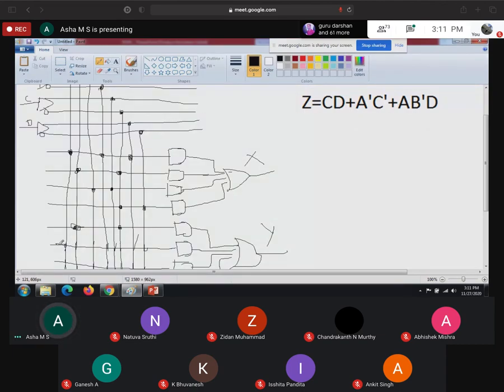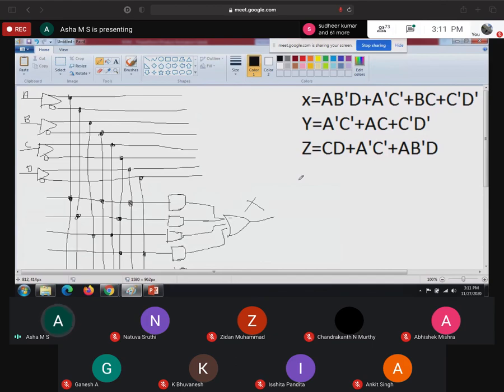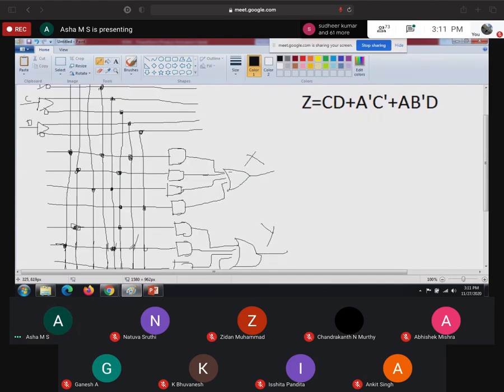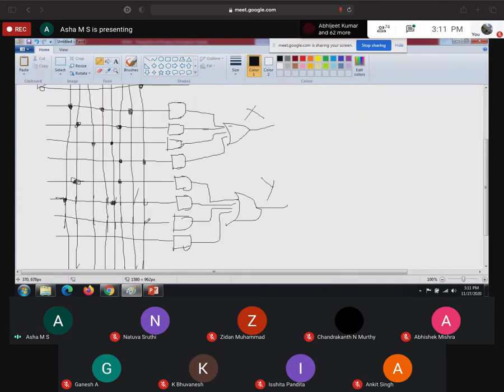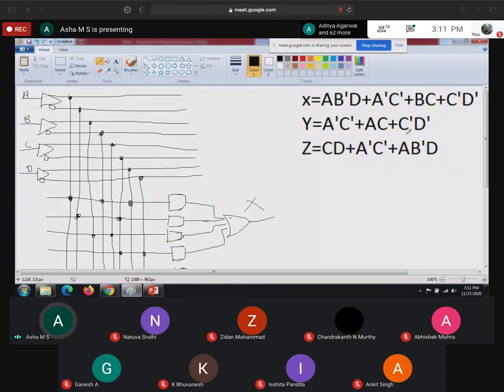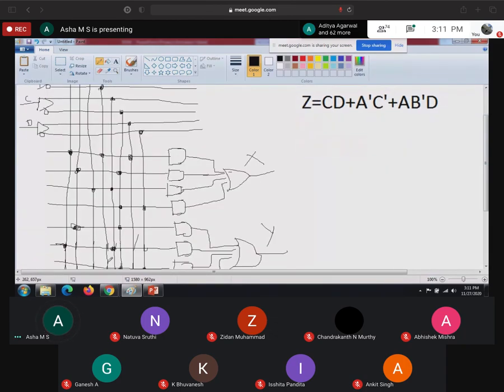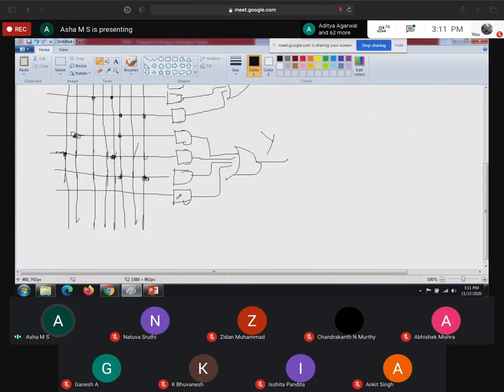This is A, this is C. Next product, C bar, D bar. D bar is here, C bar is here. We have only 3 products here, so we are not going to use the fourth AND gate.